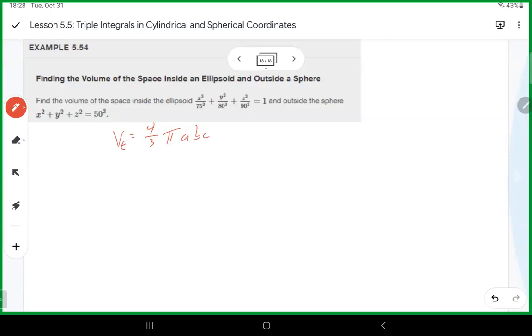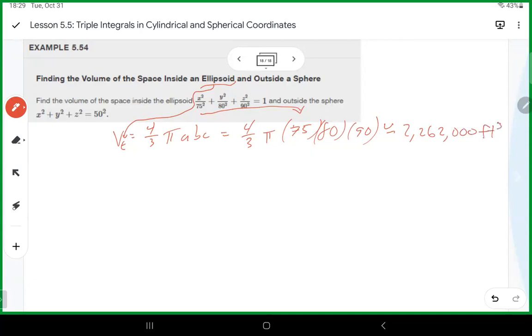You can write out ellipsoid here if you want. In this case, we know then that that's going to be 4/3 pi times 75, 80, and 90. Given this information, we would have approximately 226,000 feet cubed.